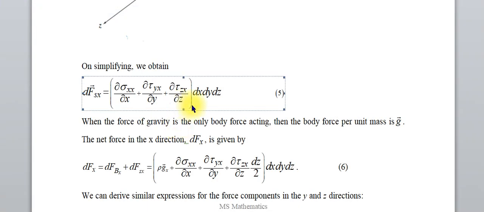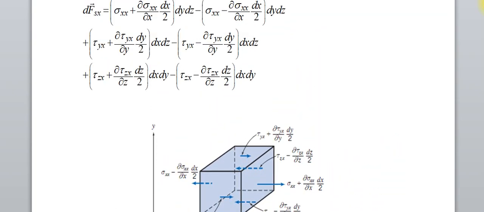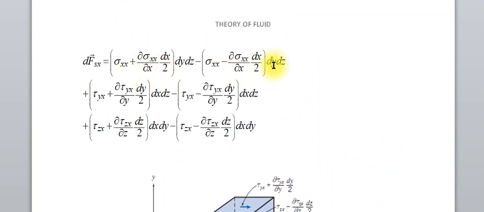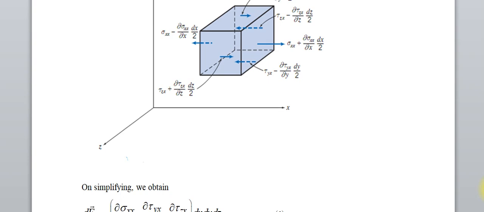Now you can see, I have partial by partial x of sigma x, because in all these three we have dx, dy, dz. Also from this we have dx, dy, dz, and we will take it common from all these three.